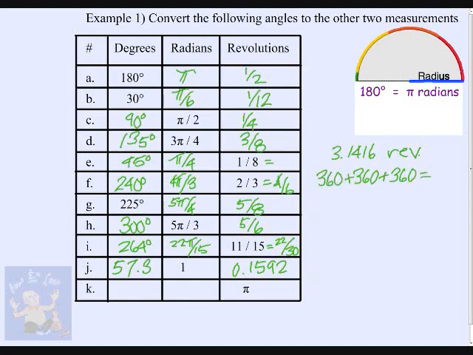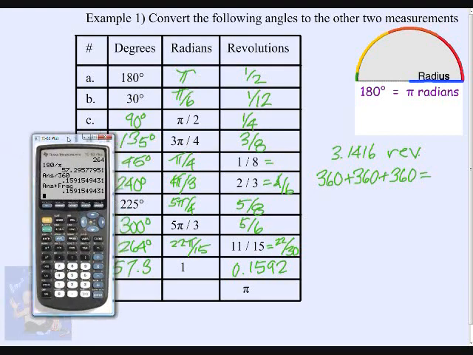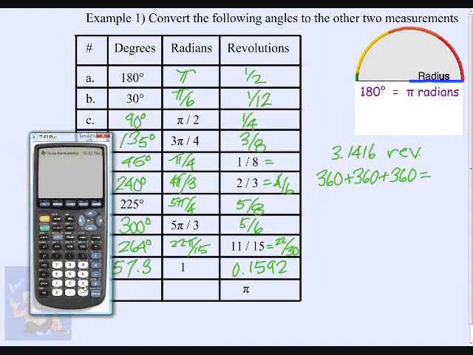Oh, we're definitely going to get our calculator out for this. So we've got 1 revolution, which is equal to 360 degrees. But we're not going 1 revolution, we're going pi revolutions times, and with our calculator we'll simply use the pi. How many degrees is that going to be?